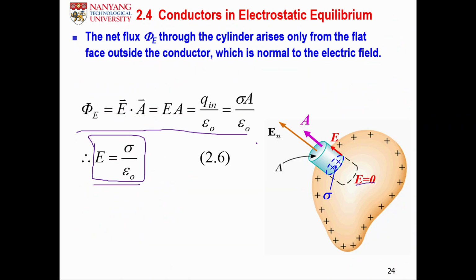But here, you only have the top surface, while the bottom surface is inside the conductor, where E is 0, so the flux for this bottom surface is going to be 0.